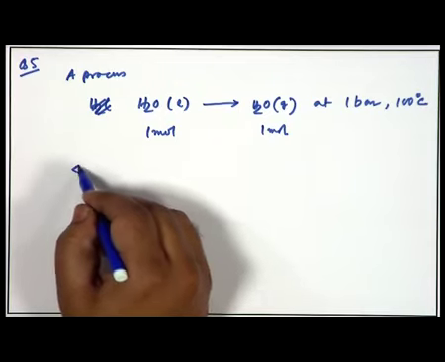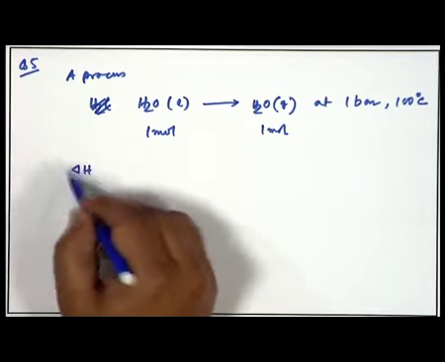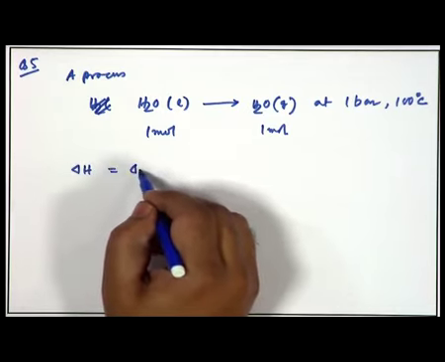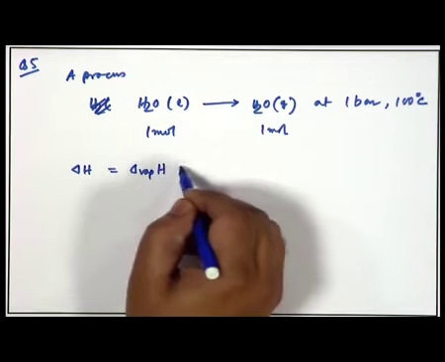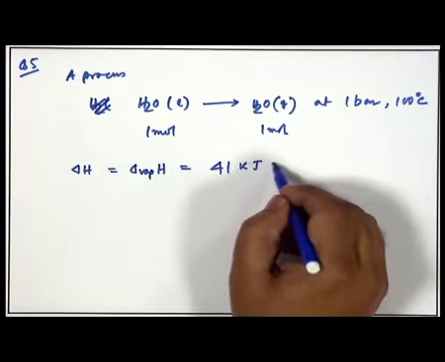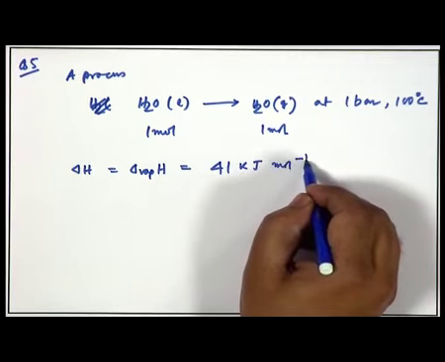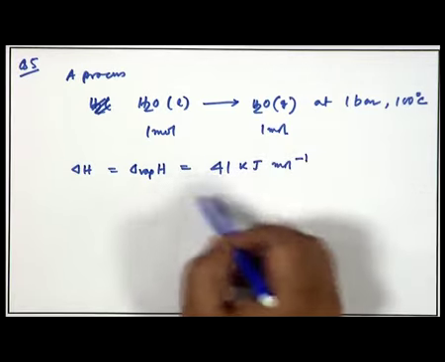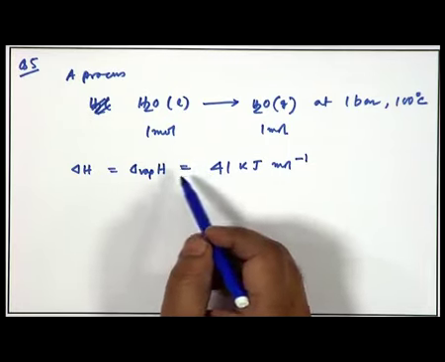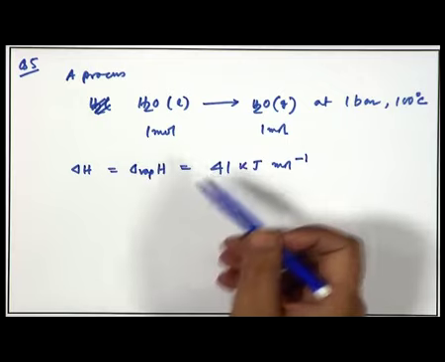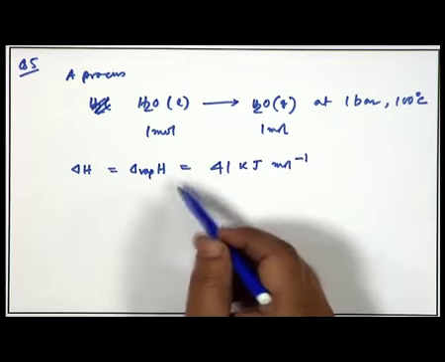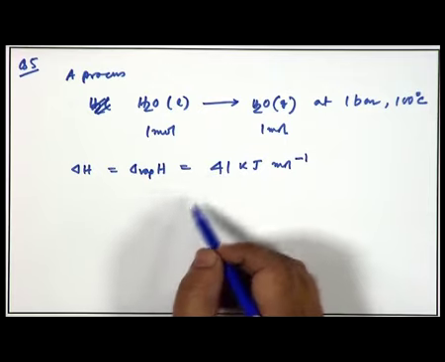In this case, delta H for vaporization is 41 kilojoule per mole. This is a positive number, because for vaporization we have to supply some heat to the system. So, the system gains some energy, that is the reason it is a positive number.